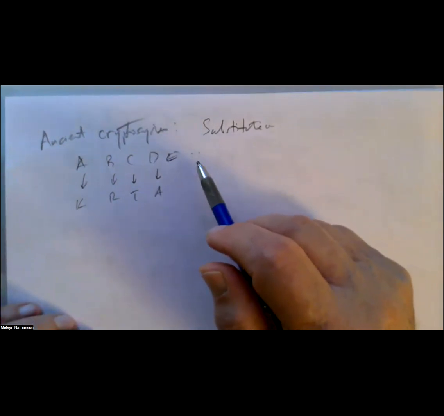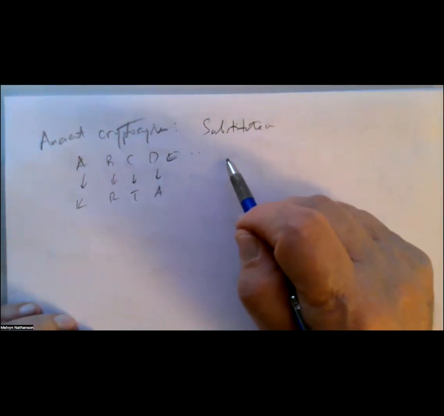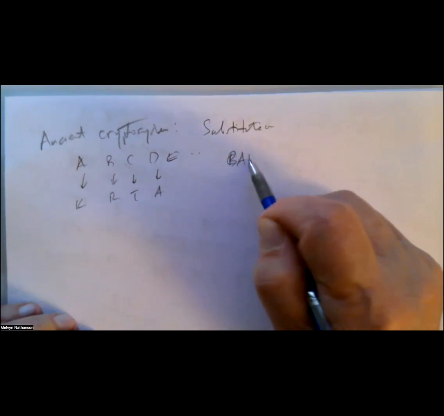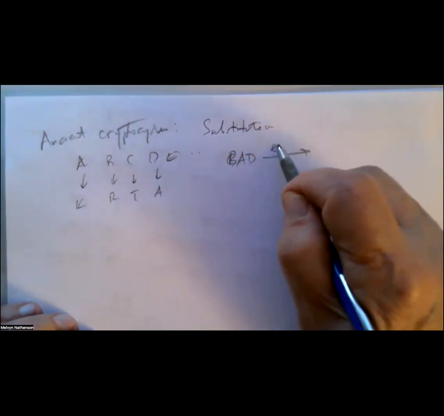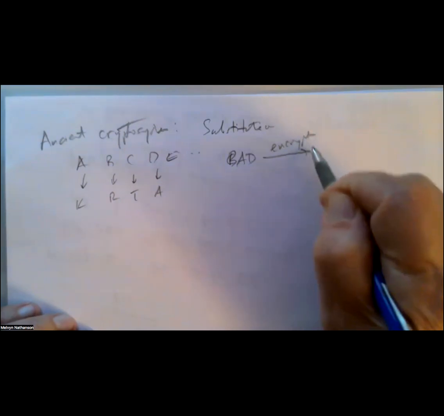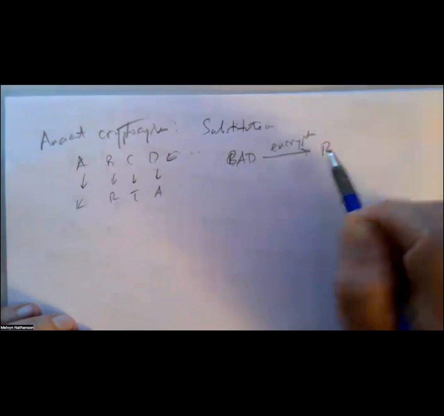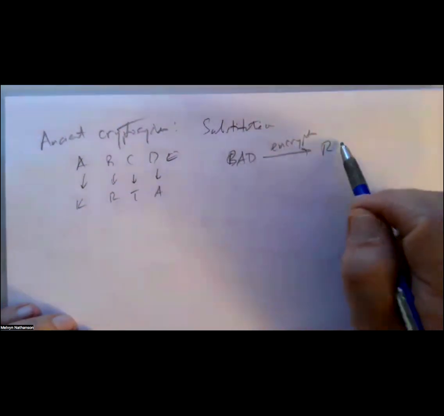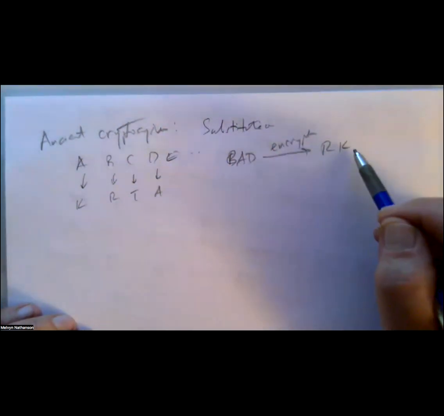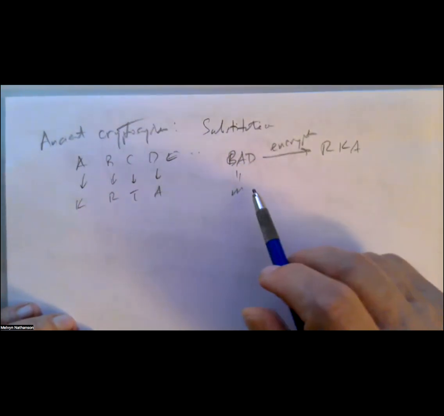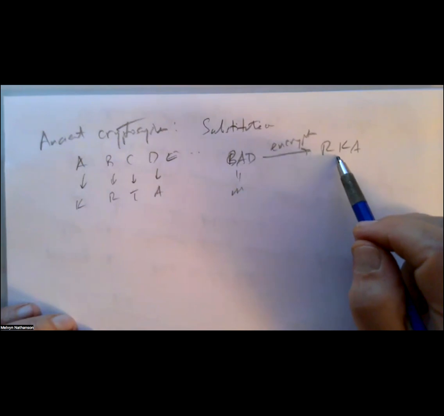So if you had the word bad, and you wanted to encrypt it by this system, B becomes R, A becomes K, and D becomes A. So if this is your message, this is the encrypted message, RKA.